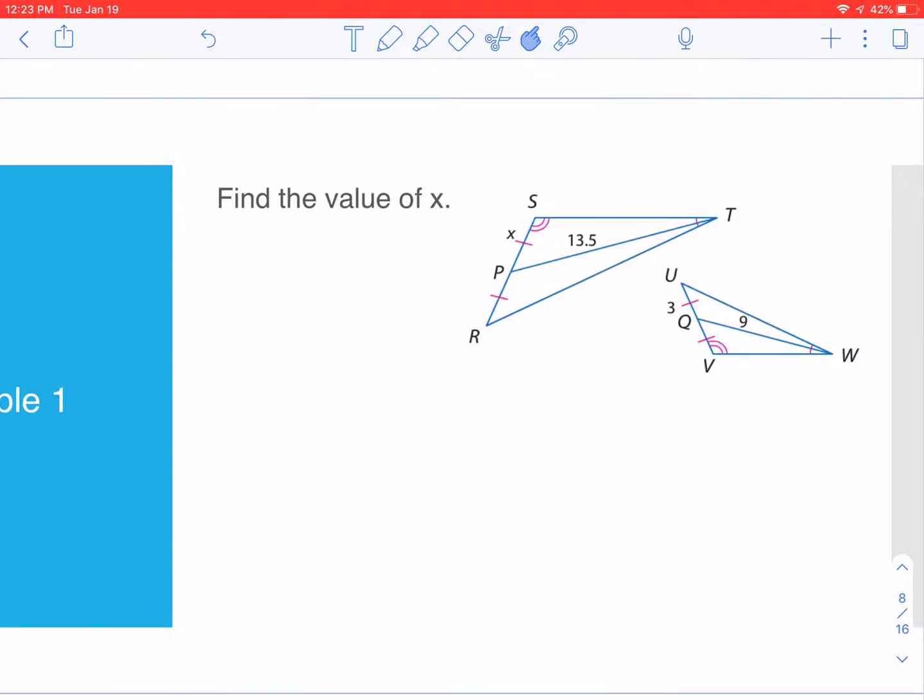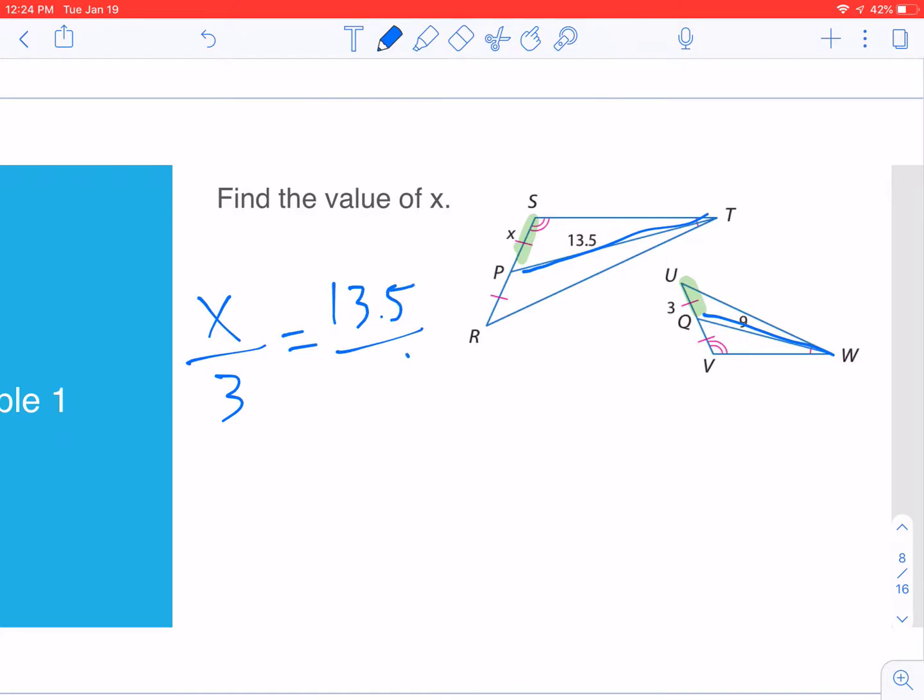Okay, let's take a look at this one. What goes with the x? It's actually the 3. Since those are both x, those two things are both 3. So it doesn't matter which one you highlight. x over 3 equals, now we have a decimal, but we know that those medians go together, 13.5 over 9.